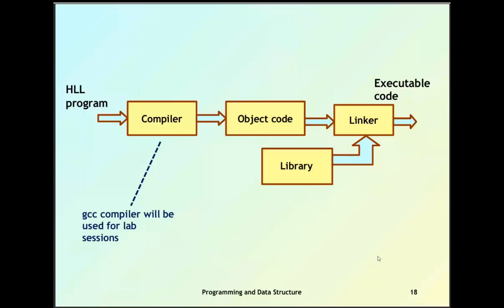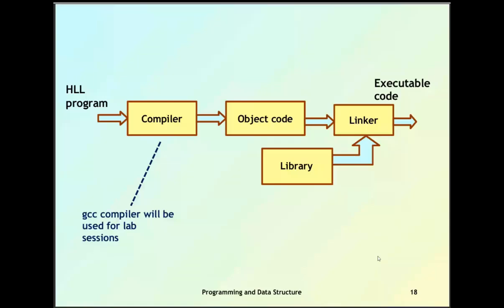Particularly from a C language perspective, after compilation you will have an intermediate object code. Along with that object code, the linker will link the library. What exactly the library is, you will be able to understand when we write the very first program.